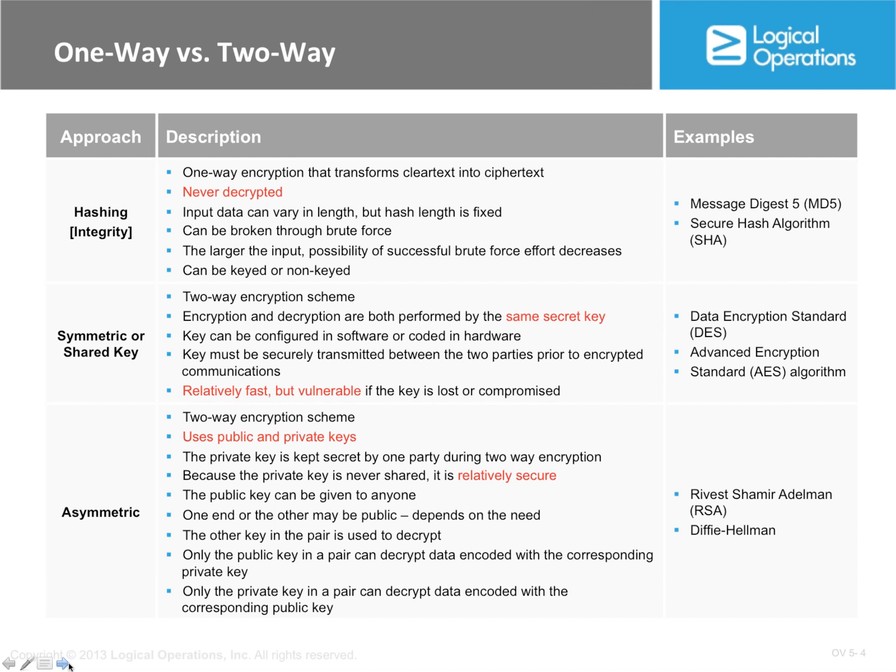Ensuring to a greater degree of certainty that confidentiality is being maintained, because once I send within an asymmetric system an encrypted message that only the holder of the private key is going to be able to decrypt, then I have assured the confidentiality of that data.